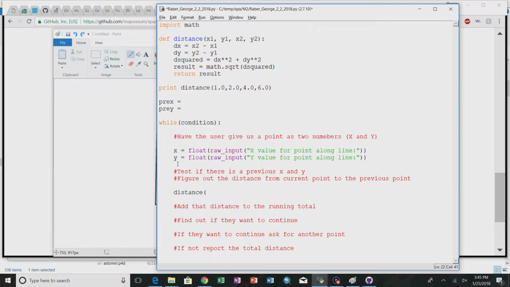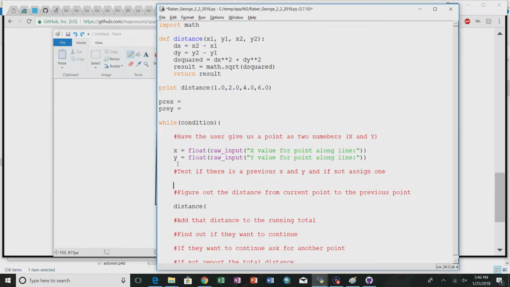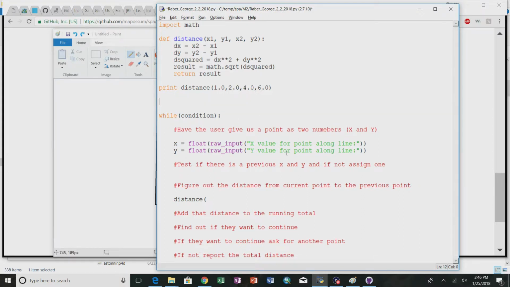Really, we only need to test one or the other. And if not, assign it. All right? So what we could do, I kind of like Elliot's solution a little bit better.